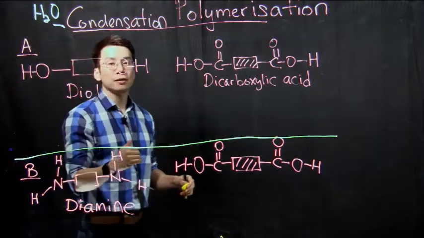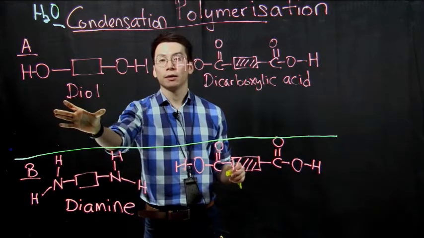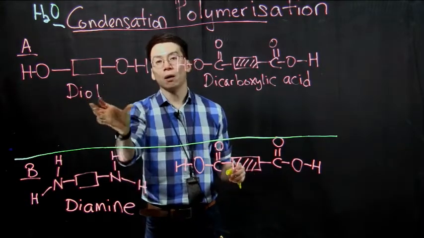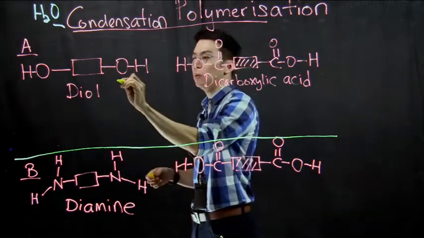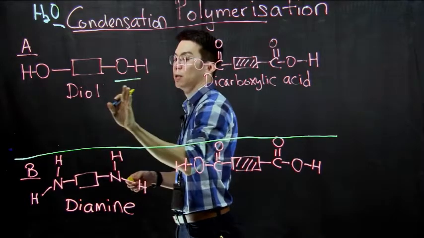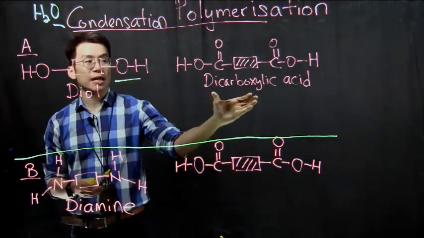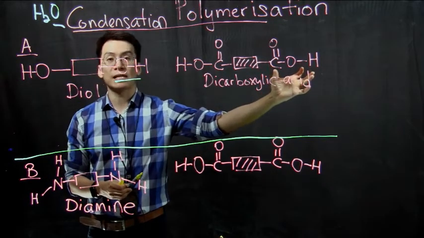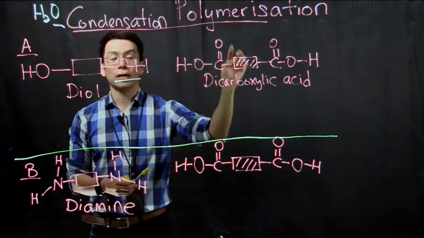For A, on the screen here, you actually see a diol and a dicarboxylic acid. Diol means it is a molecule that has two alcohol functional groups, right? Similarly, a dicarboxylic acid is a molecule with two carboxylic acid functional groups, COOH here and COOH here.